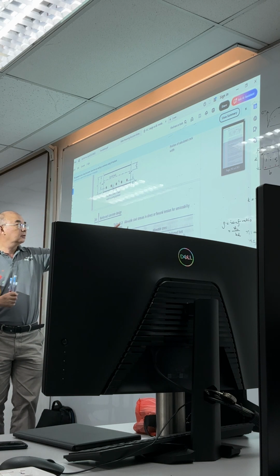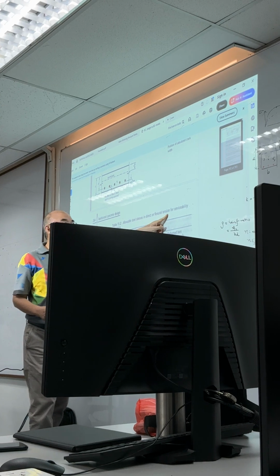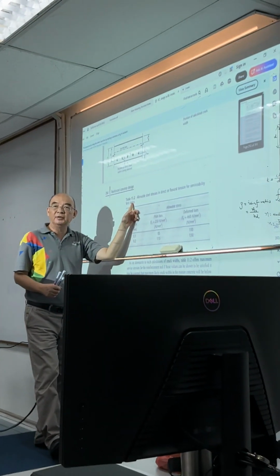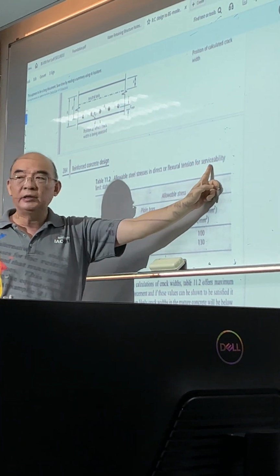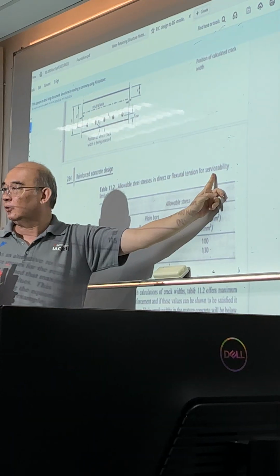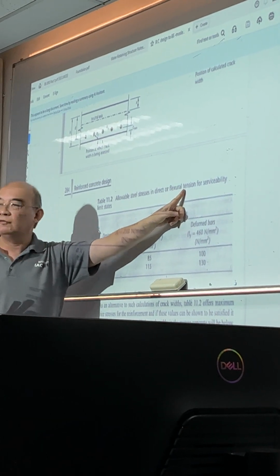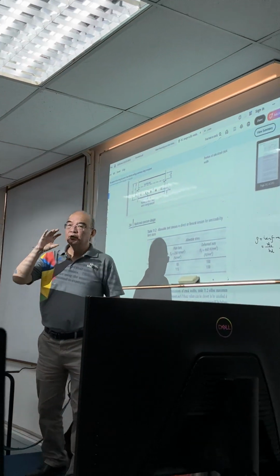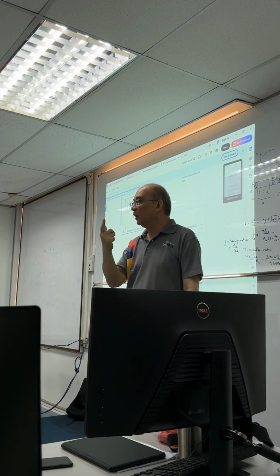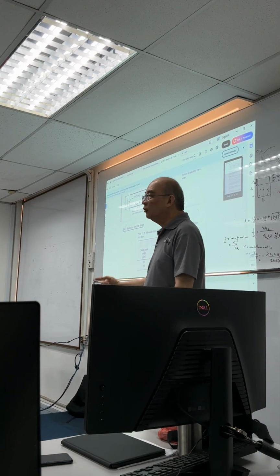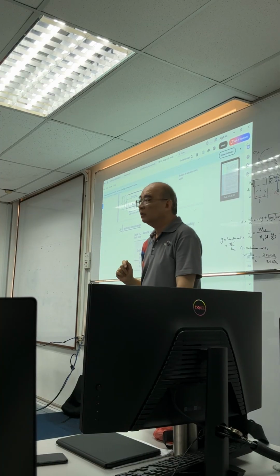The allowable steel stress in direct or flexural tension for serviceability limit. Remember, this is serviceability limit, not factored load, service load. Flexural tension is due to moment, which you find in the rectangular water tank. Direct tension we will find in the circular tank.